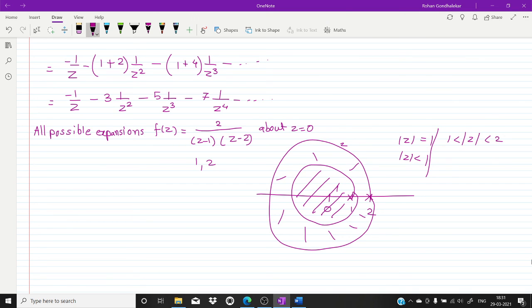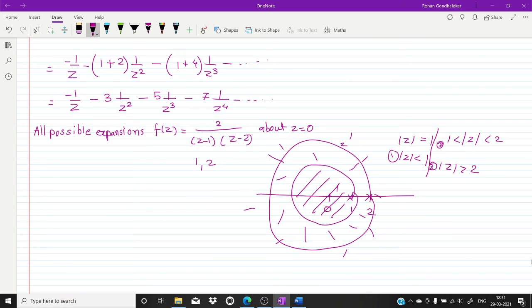So the second region will be 1 less than mod z less than 2. Now the third region is outside the bigger circle, so the region would be mod z is greater than 2. So this is my first region, this is second, and this would be third.